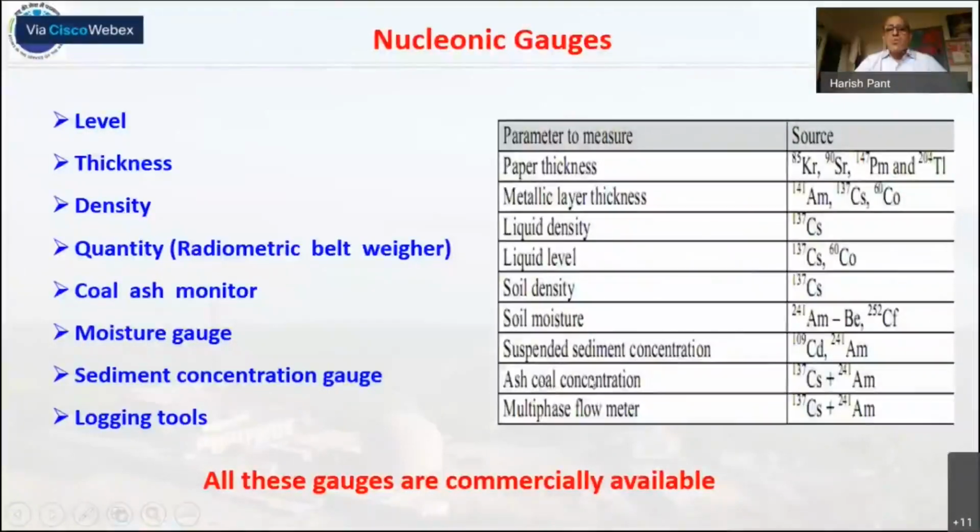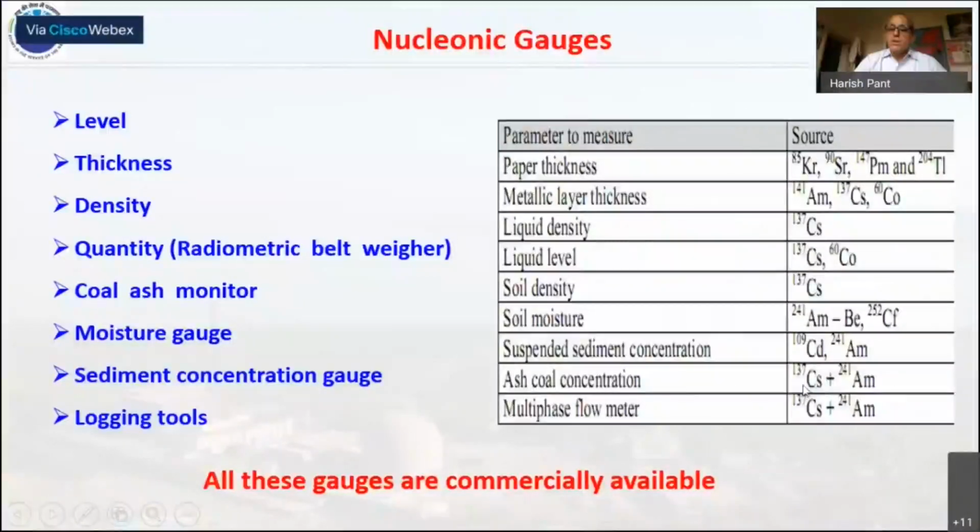Coal ash concentration. For that, we use two sources. To find out the content of ash in coal, we use cesium 137 and americium 241. These are dual sources.